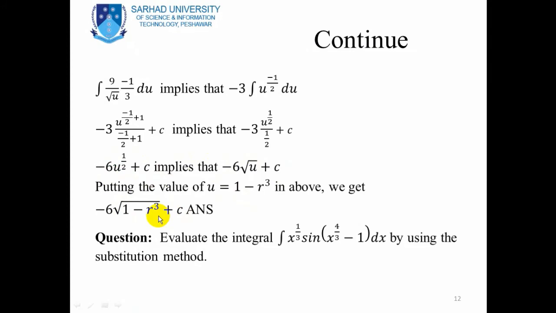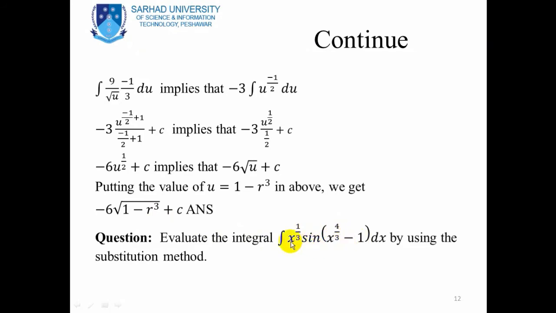Now another problem: integration of x power 1 over 3 into sine of x power 4 by 3 minus 1 into dx. So dear student, in this problem we have two parts of the function. Two functions are multiplied: x power 1 over 3 multiplied by sine of x power 4 by 3 minus 1.